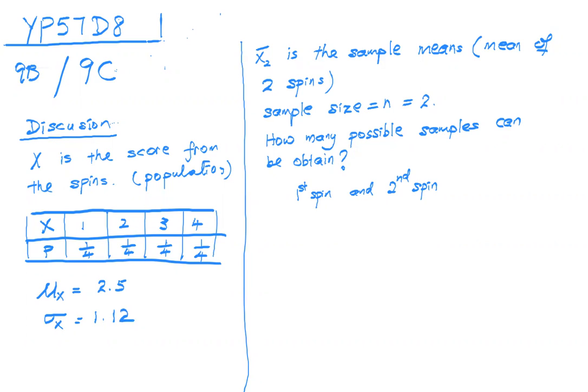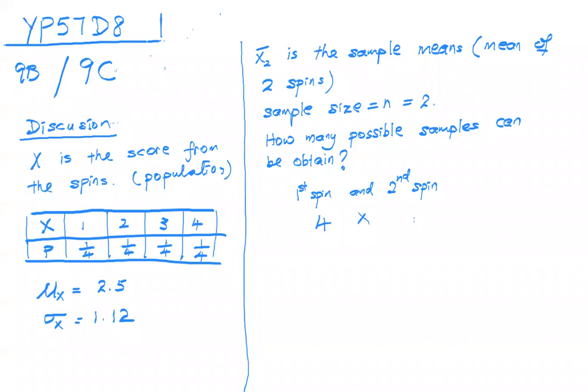So this is our population. Now from this population, I'm going to draw samples. My variable of interest is the sample mean, not the value of each sample. Are you clear? From the first spin, I got how many possible outcomes? I have 4.